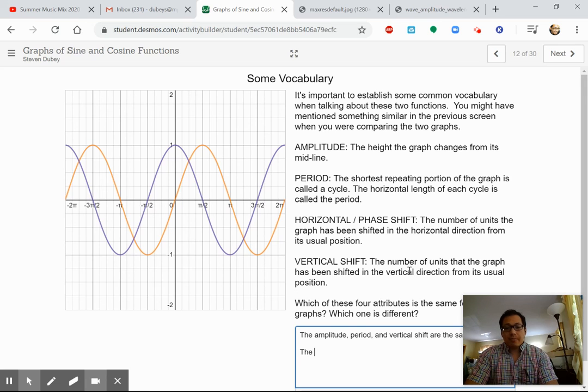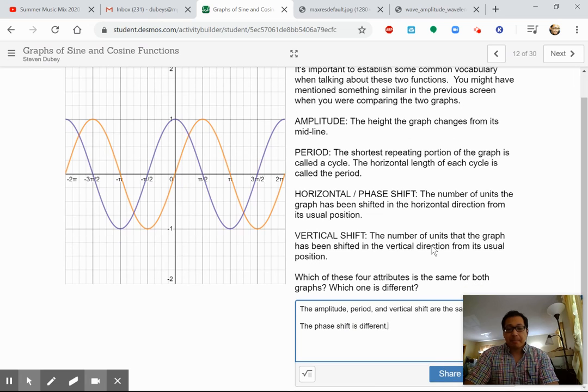The phase shift, horizontally, is different, right? Because the sine function is phase shifted, you could think of it as by pi over 2. So that's some vocabulary that we're going to use again and again.